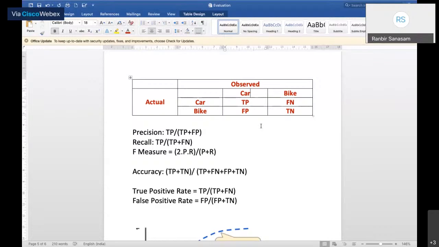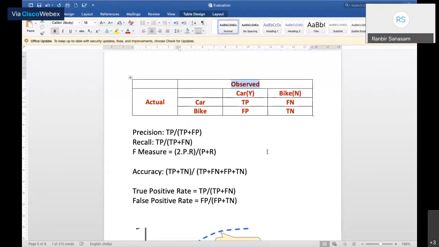You may have more than one class level, but the thing that you are targeting is the yes, and the others are the no. In my case, let us say I'm targeting car as yes and bike as no. Now you have the classifier, and you give it some examples, and this classifier will classify this input.